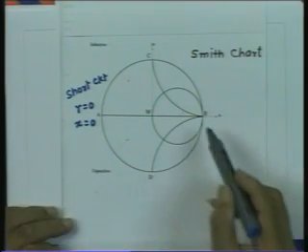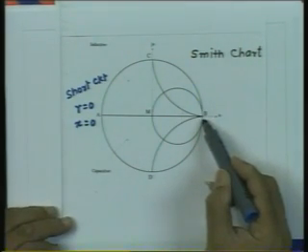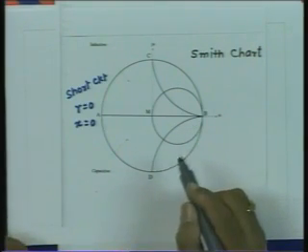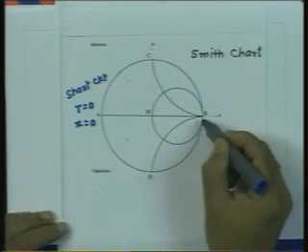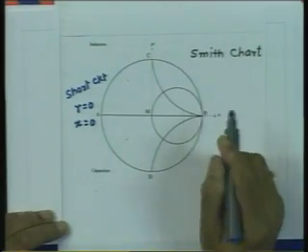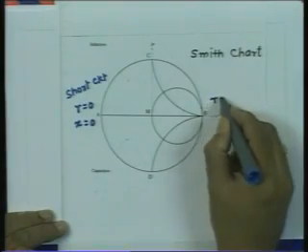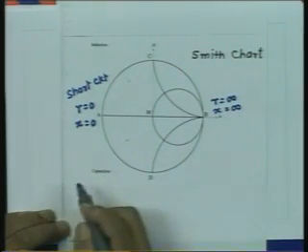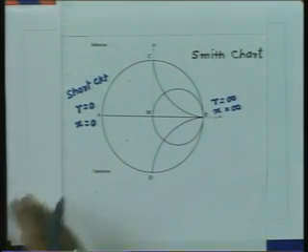Similarly, if I go to the other point here, B, as we saw, the two sets of circles degenerate into a point, and that is this point. So, this point corresponds to r equal to infinity. It also corresponds to x equal to infinity. So, that means the impedance is infinity.